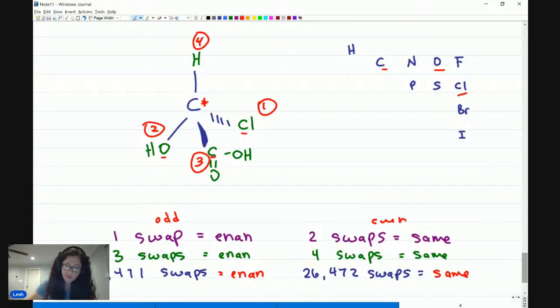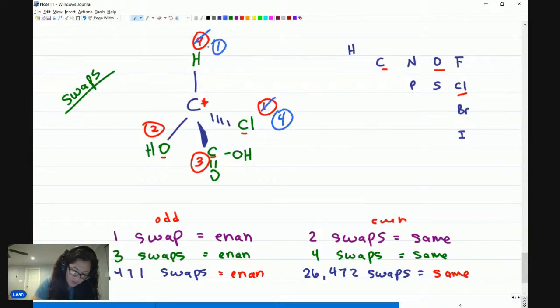So here we go. Rule number 1 was rank the substituents. Rule number 2 was put number 4 in the back. So let's keep track. Let's keep our accounting very clear. The first swap that we're going to do is put number 4 in the back. So here I'll put number 4, and that means 1 has to go here. This gave me the enantiomer of what I started with.